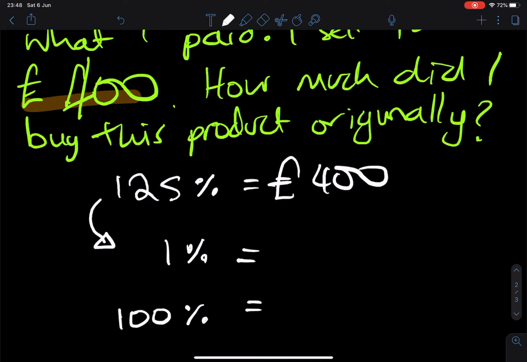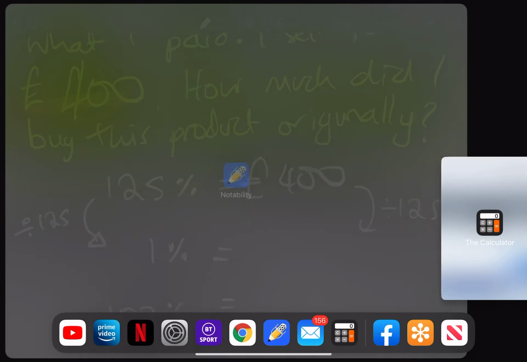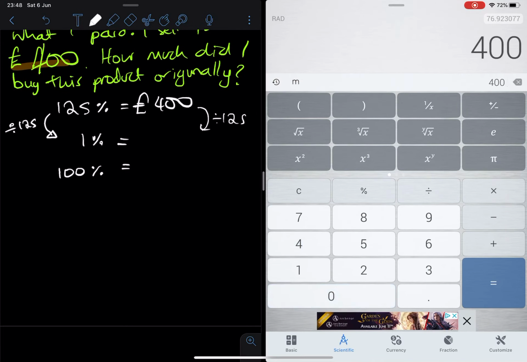I divide by itself. So I divide by 100. So just like a mirror, I divide this side by 125. So what's 400 divided by 125, which is 3.2 or £3.20.